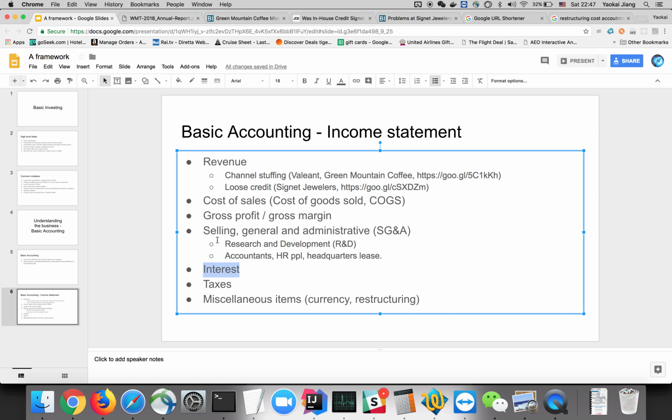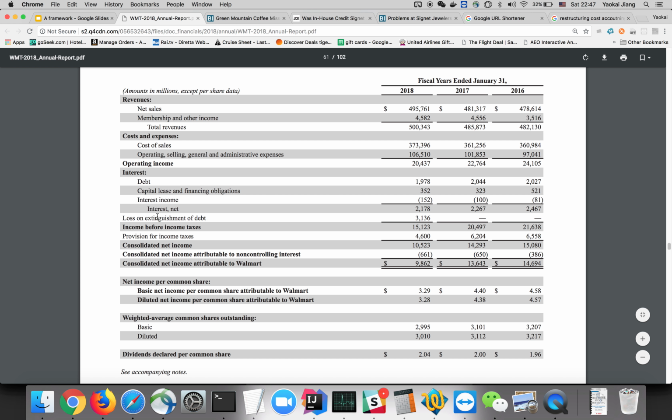And so ideally, what should happen in a growing business is that the SG&A line should hold steady. So where are we? Here. This line should be relatively steady.